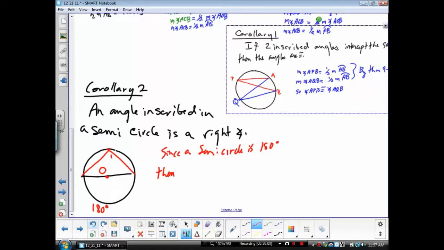So an angle inscribed in a semicircle will be a right angle. This means that I can have any angle inscribed in a semicircle and it will be a 90-degree angle.